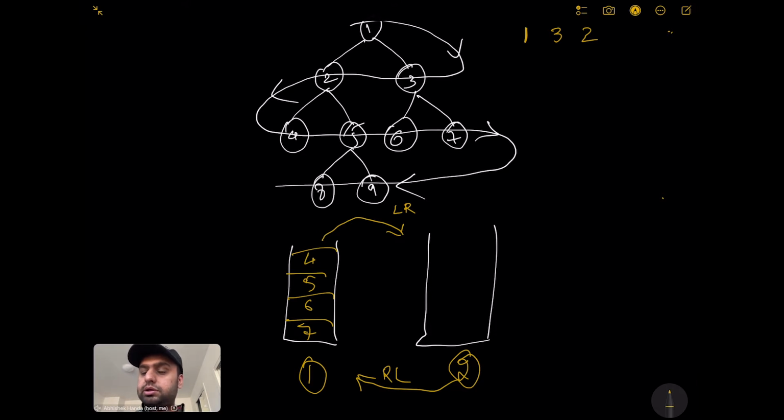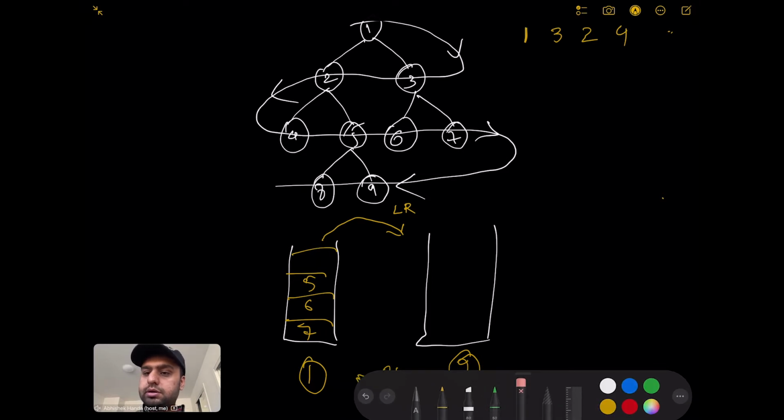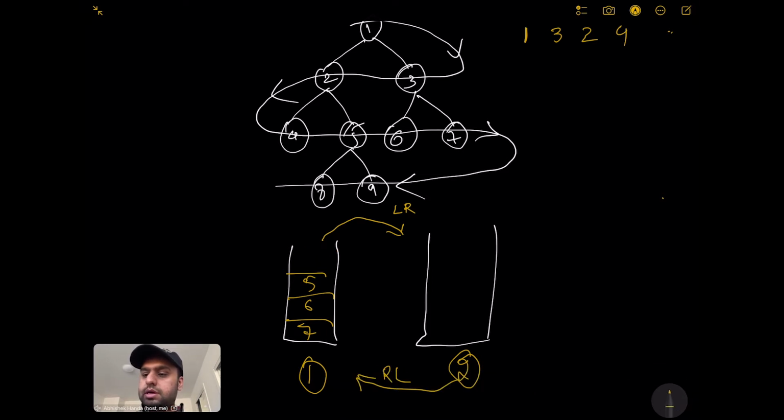So my stack 2 is now empty, I need to move to stack 1. So I'll print 4 first. 4 has no children, so it will be simply popped out of the tree. And then for 5 I am going to follow a similar procedure. First we need to put 8 and then 9.